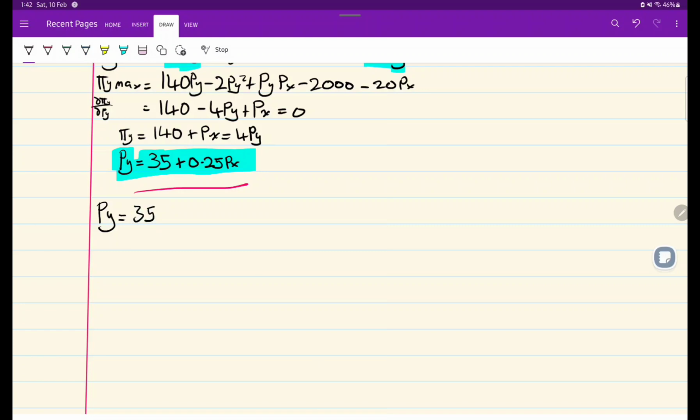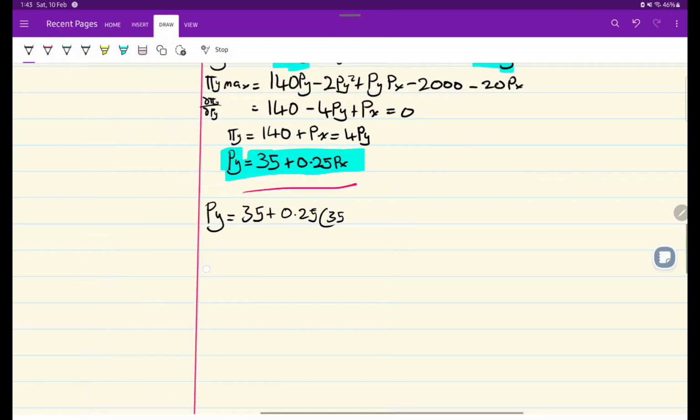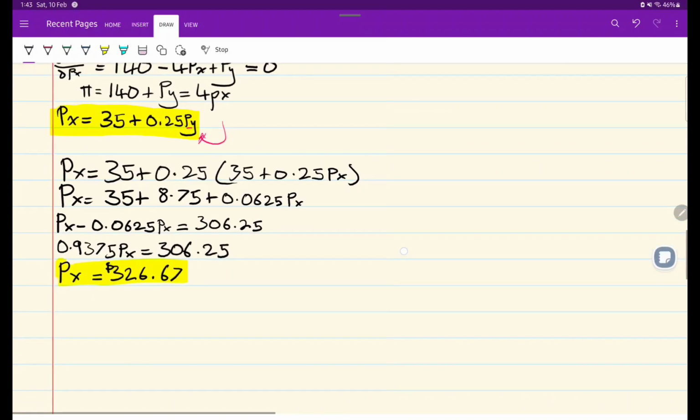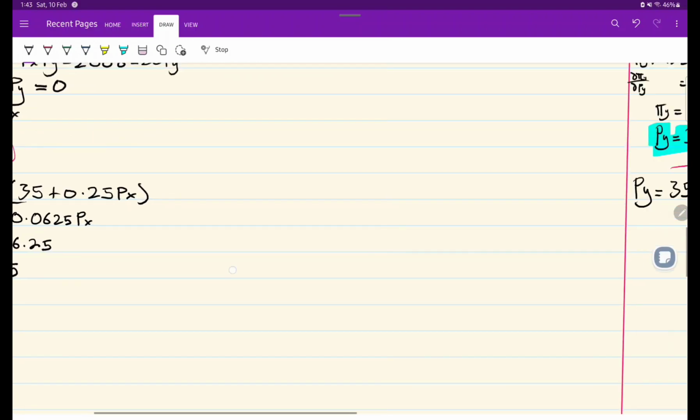These seem to be symmetrical. Just double check. I know it's simultaneous, but sometimes you can forget. 35.25.